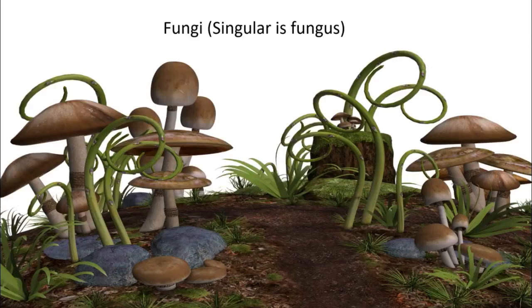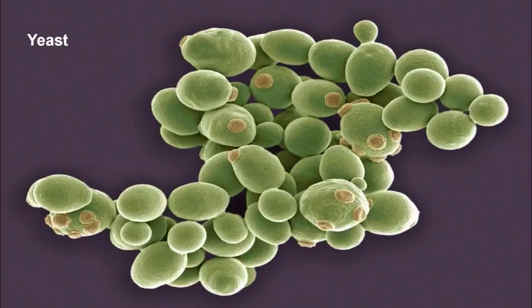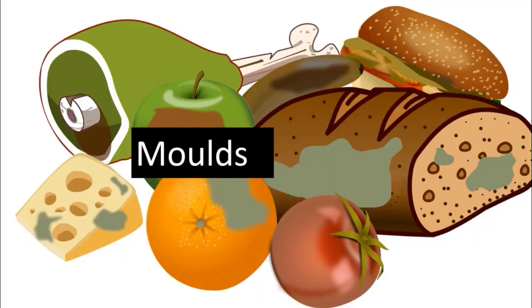We have also studied that there are some fungi which are microscopic. And can you recall what are those? One example is yeast, right? And that yeast is used in making of bread and even cake. And there are some more which are microscopic, they are called molds. So we have studied till here.